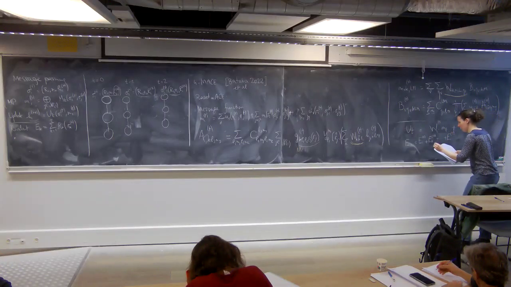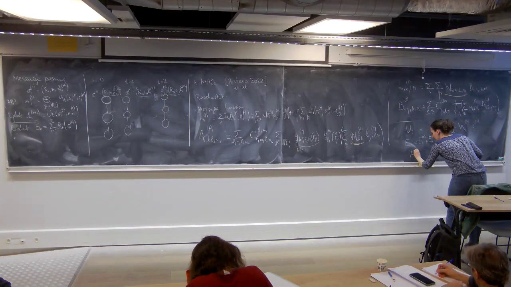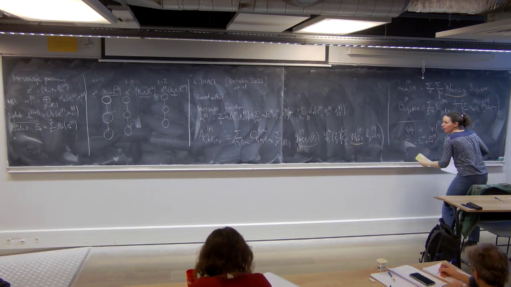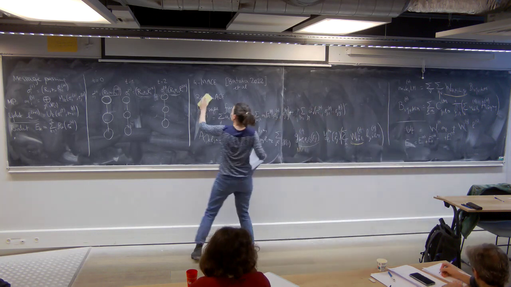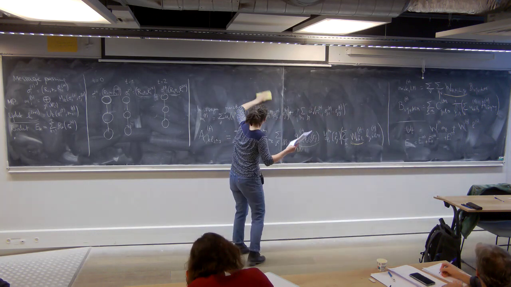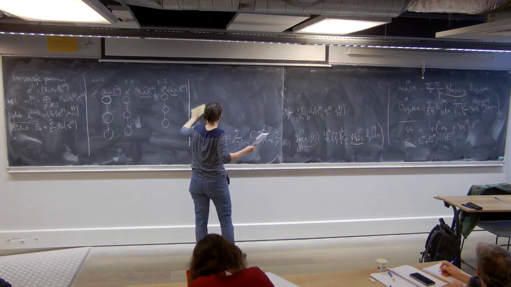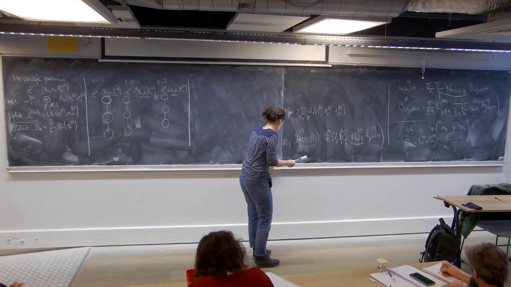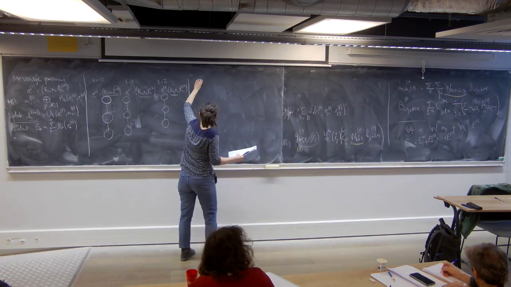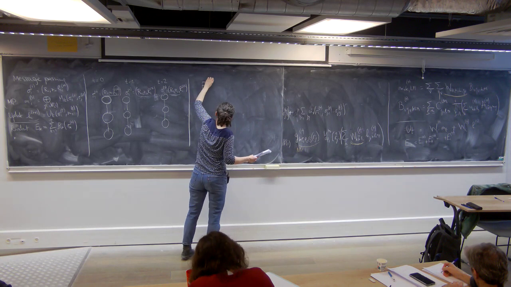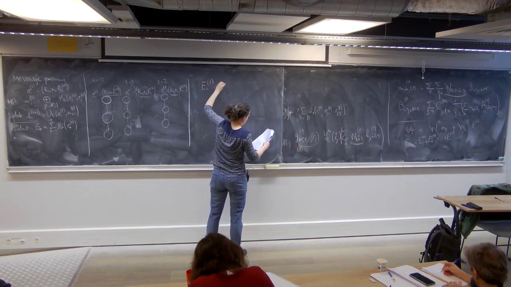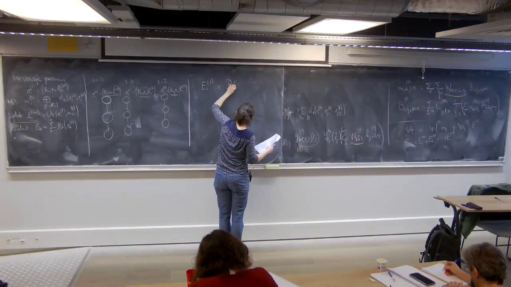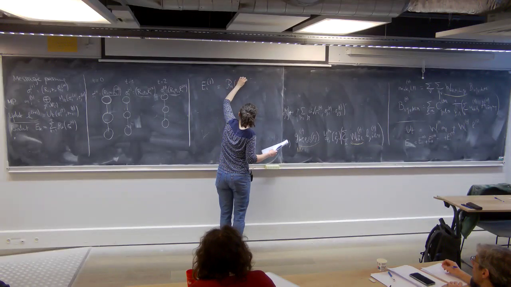And then E_i of t is taken either linear for the intermediate steps or nonlinear for the last layer. So that's basically our readout function, which depends on this.